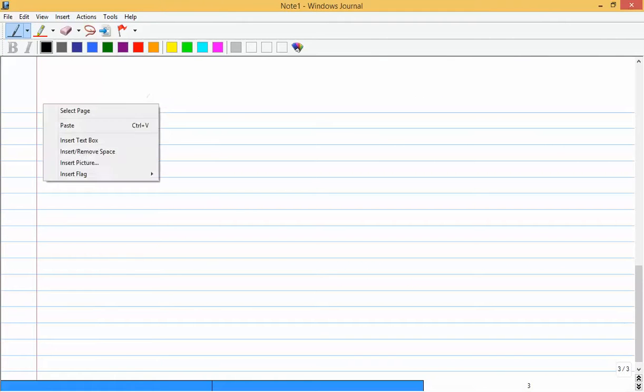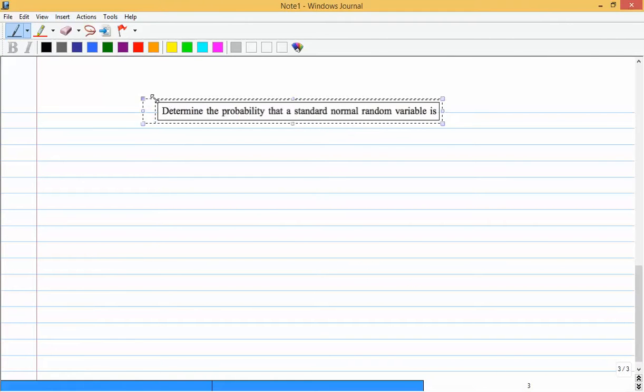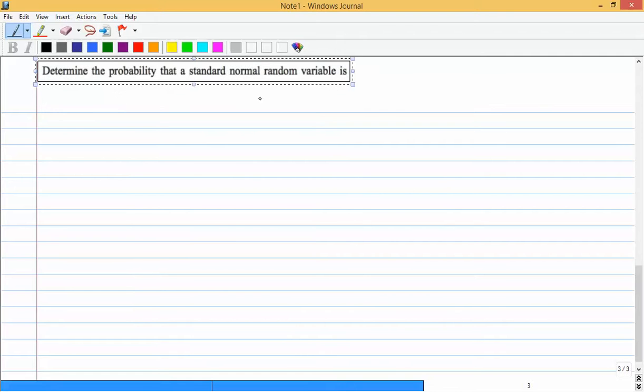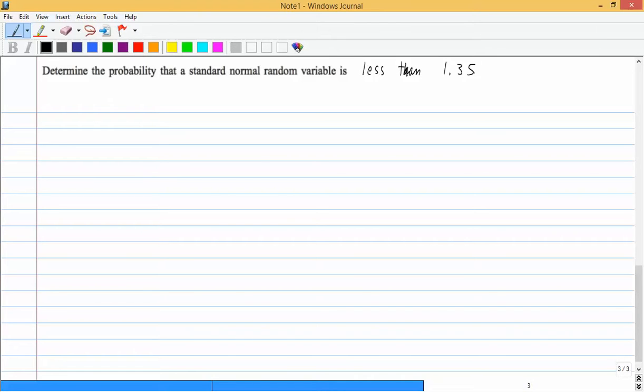I'll try to figure this problem out. Determine the probability that a standard normal random variable is less than 1.35.